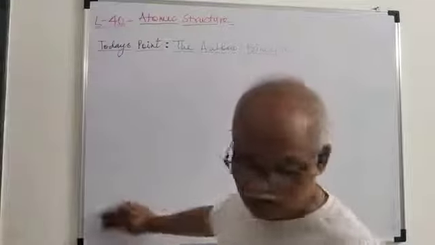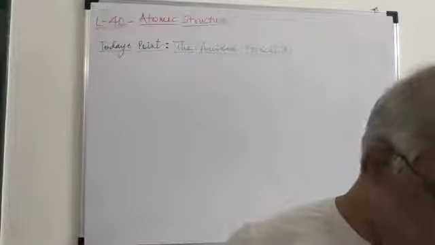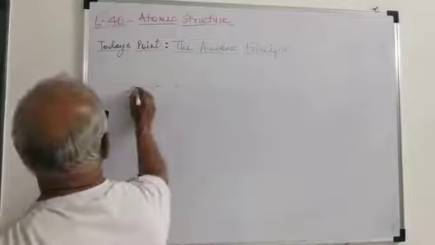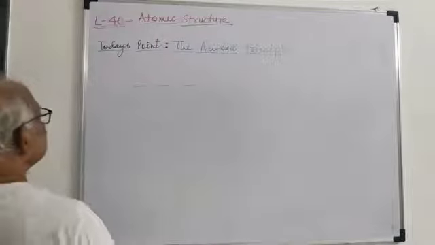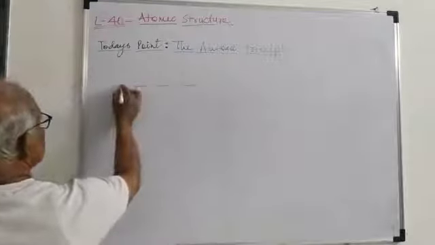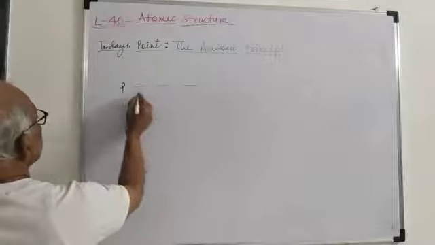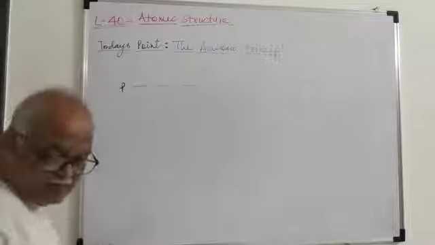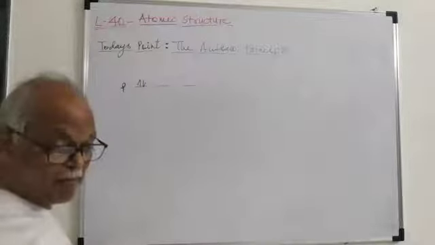When we have 2 electrons and these 3 atomic orbitals, say p orbitals, that is px, py, pz, we can show the distribution of the 2 electrons in different ways.